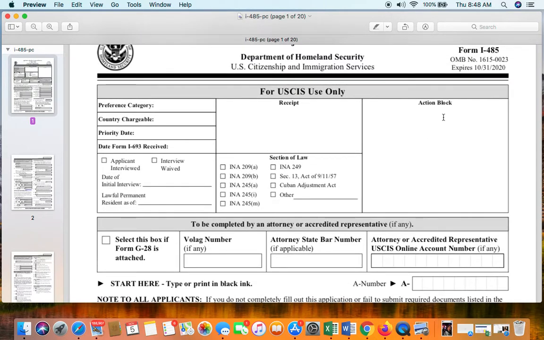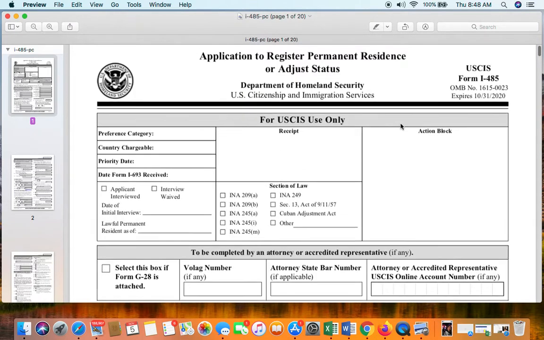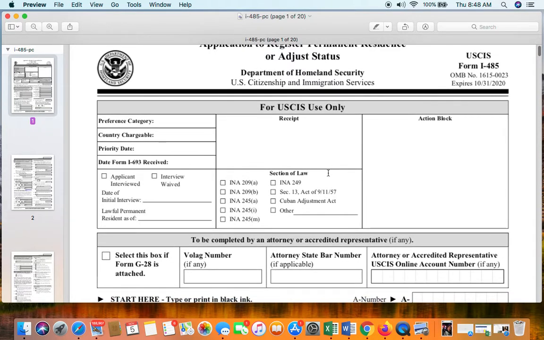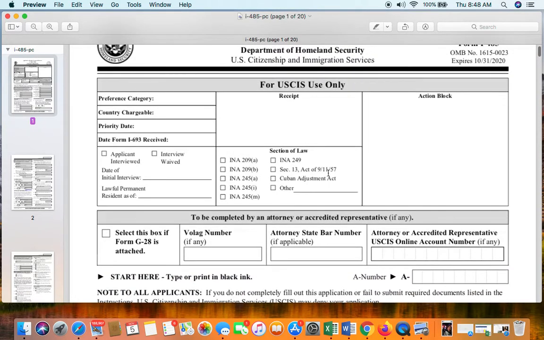derivative applicant. So in this section right here, it says this is only for USCIS. So that means we're not going to fill out in this area because this is only for USCIS.